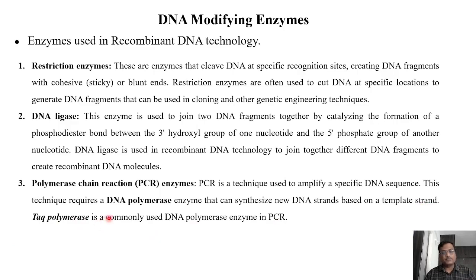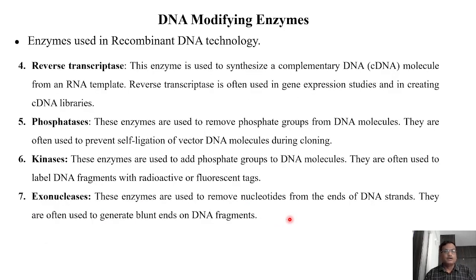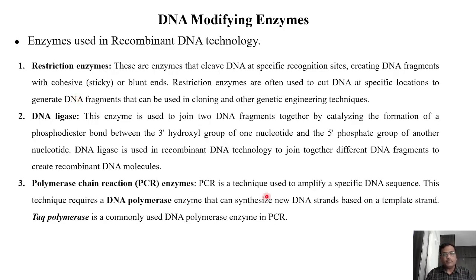Taq polymerase. So this is a polymerase enzyme which is mainly used in PCR technique. Then we have reverse transcriptase. Now remember, DNA polymerase enzymes are naturally found in the DNA in the cell, and they are used to create copies of DNA.